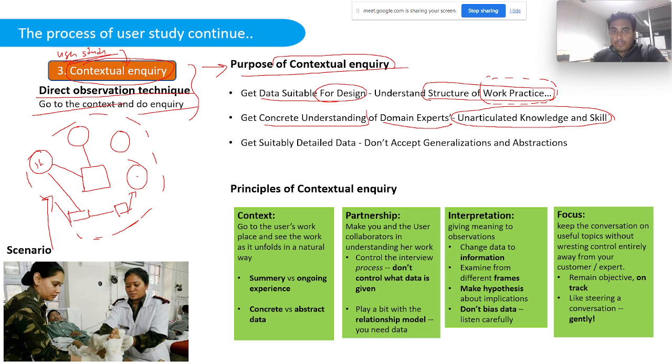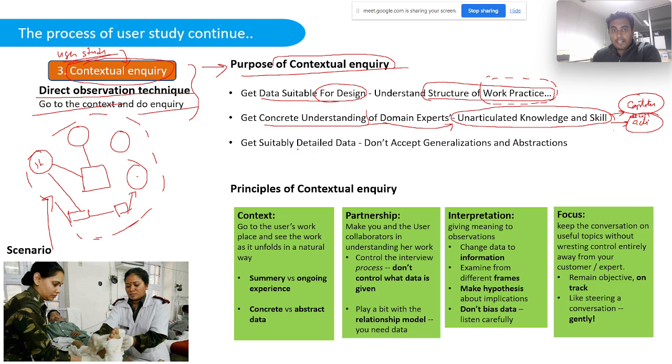So you try to collect information about their cognitive processes, their activities, and their decision-making activities which affect a particular outcome. Those sorts of information you need to collect in a contextual inquiry process.